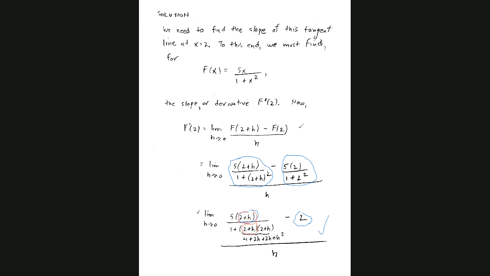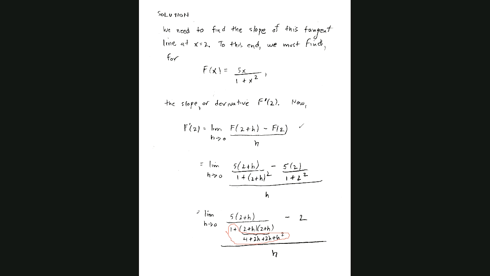What we're going to have to do is combine 1 plus 4 plus 2h plus 2h plus h squared. We're going to have to simplify that. That's going to be our next step.